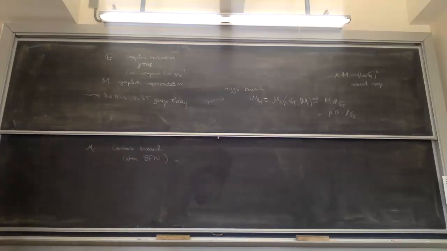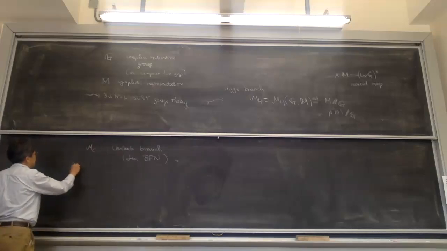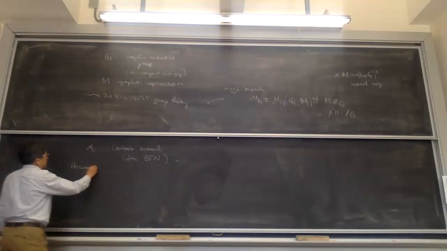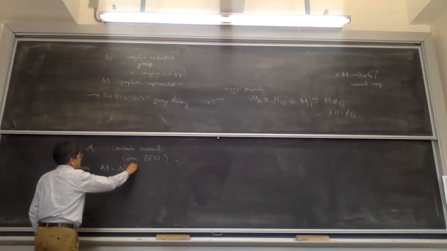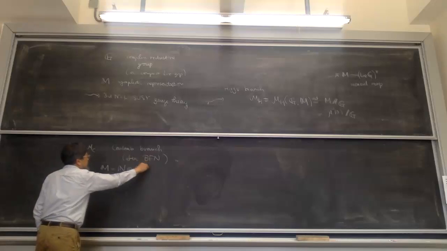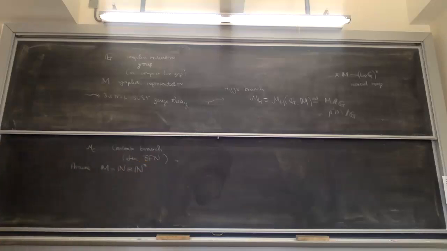So you first assume M is the direct sum of N and its dual, where N is a usual representation of G, and suppose M is of this special form.